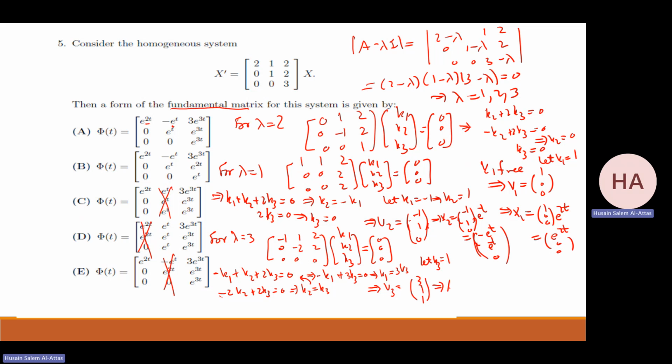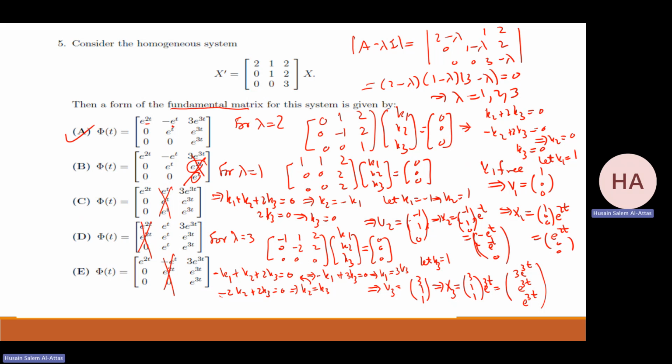So x3 will be (3, 1, 1) e to the power 3t, which is what? 3e^3t, e^3t, e^3t. This is wrong.